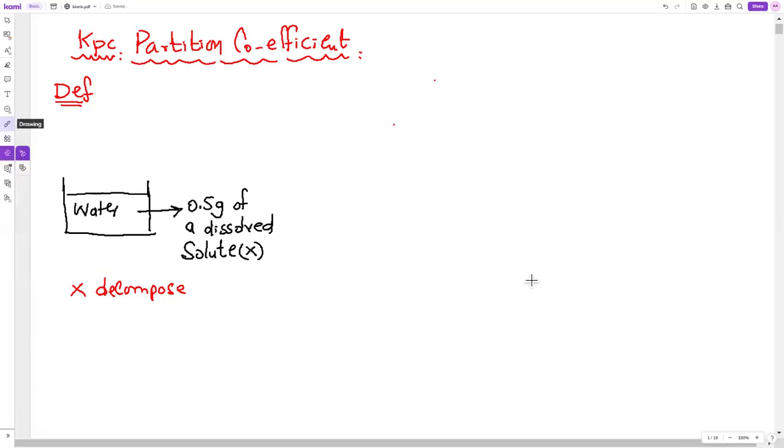So how can we extract X from water? If X decomposes on heat, one thing is sure: we cannot heat this solution to extract X, because in that case, X will be decomposed.